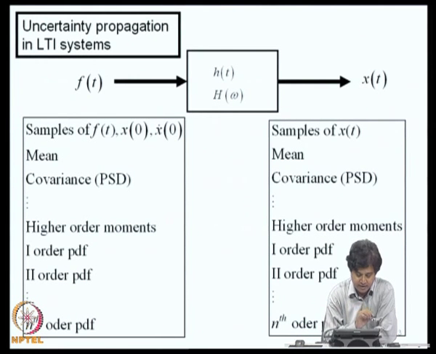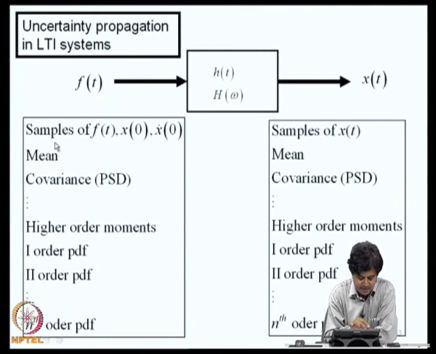We also considered the problem of uncertainty propagation. If f of t is the input and if f of t is modeled as a random process, then for every realization of f of t there will be a corresponding realization of x of t that can be obtained, for instance, via a convolution between the impulse response function and f of t.